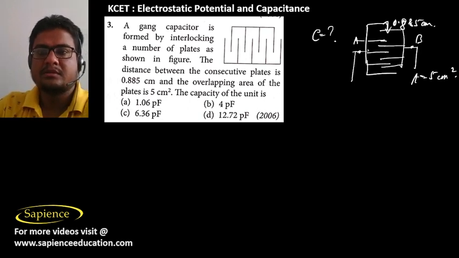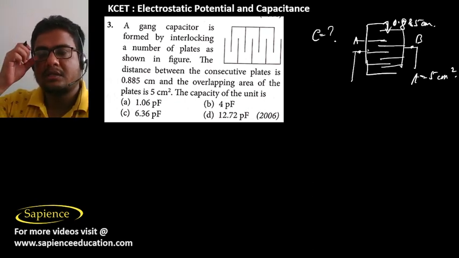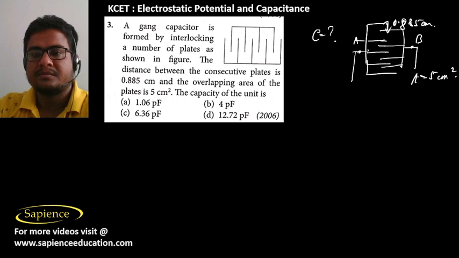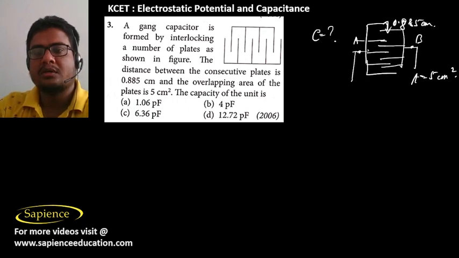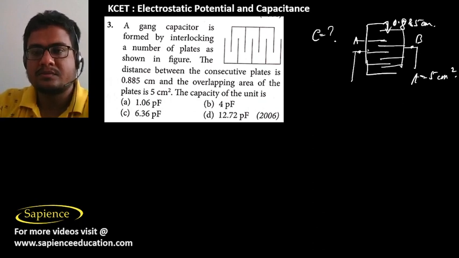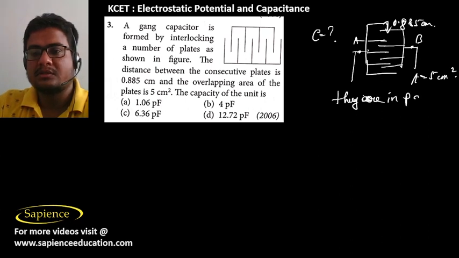Here we see that the capacitors are in parallel connection. That's why all are connected across the same potential difference. They are all connected across the same voltage, so they are in parallel connection.